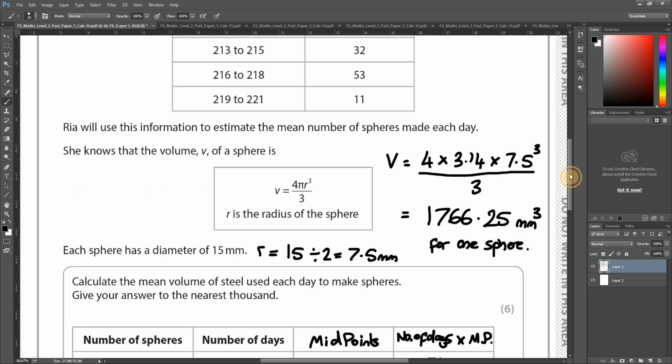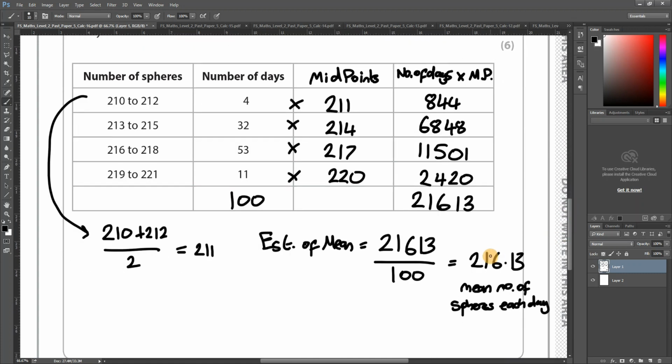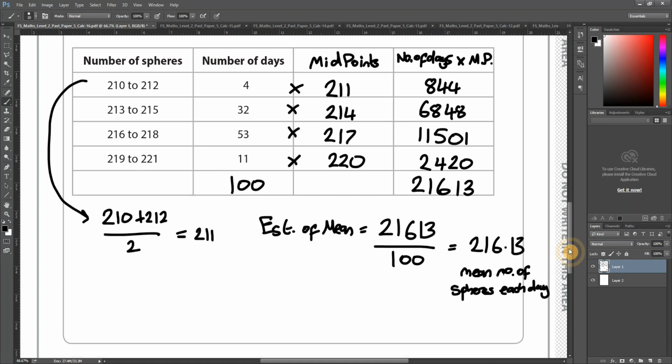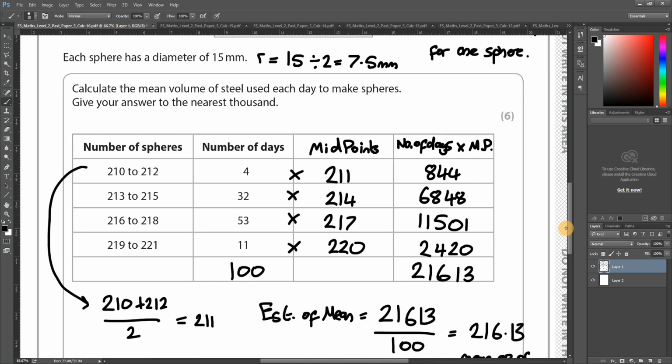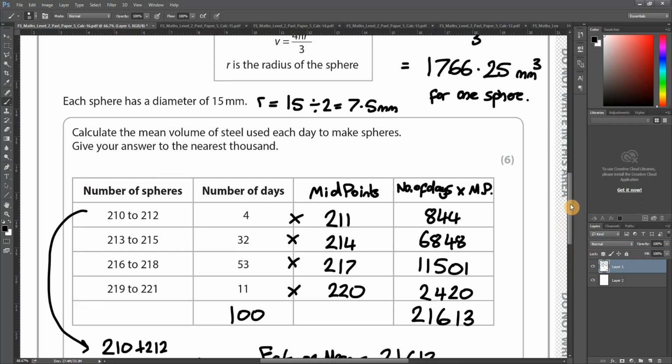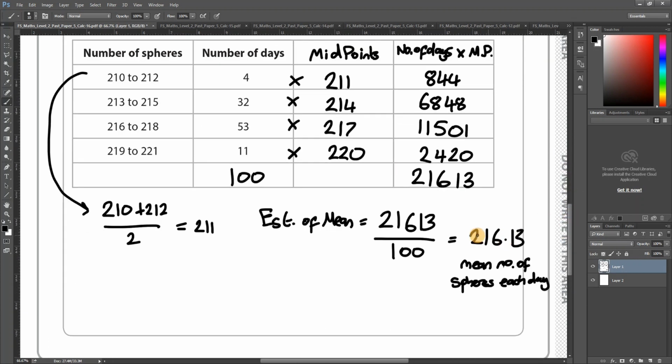We had an average of 216.13 spheres per day. So to calculate the mean volume of steel, this bit here, we're going to have to multiply the volume of one sphere with the mean number of spheres. So this should give us our final answer.